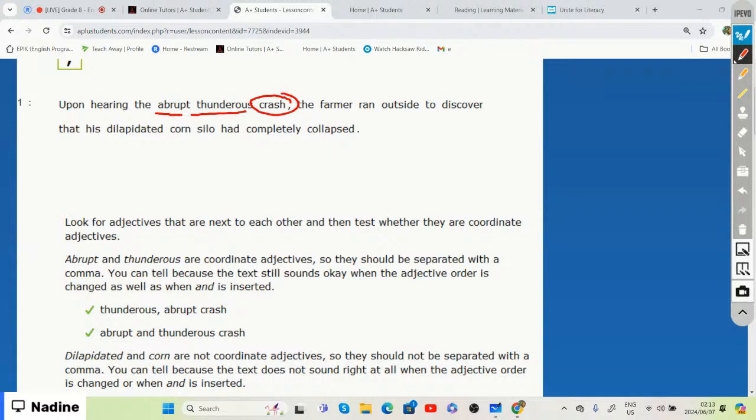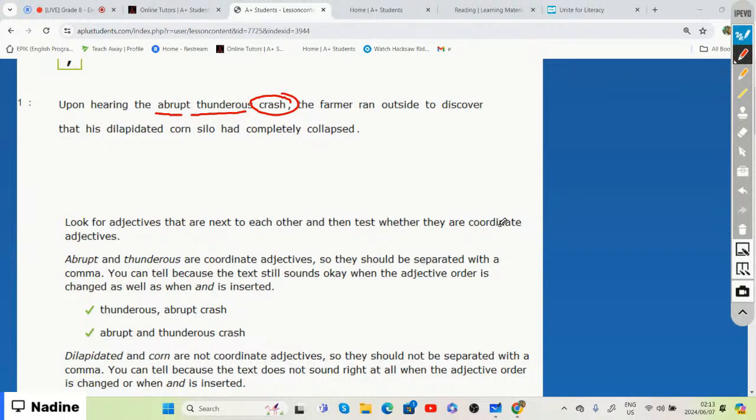So, for example, if we were to say, "Upon hearing the abrupt thunderous crash, the farmer ran outside to discover his dilapidated corn silo had completely collapsed." Or if we were to add a comma and say, "Upon hearing the abrupt and thunderous crash," right?